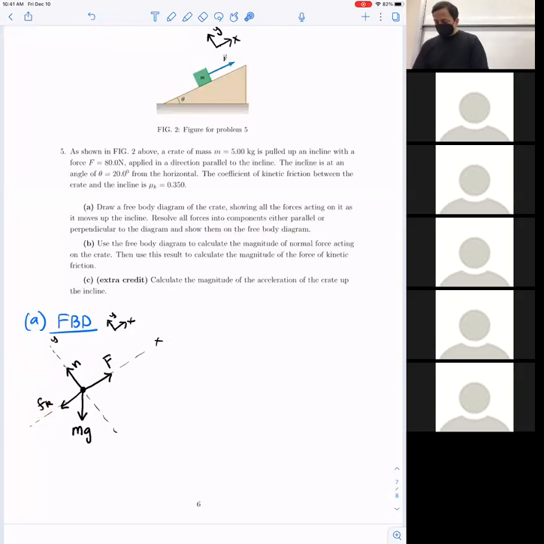And we see that F is perfectly along the x. The force of kinetic friction, F sub k, is perfectly along the negative x. Normal is perfectly along the y. It's only this force of gravity that is off kilter. It's not along x or y. So now I want to break it up into components that point along x or y.